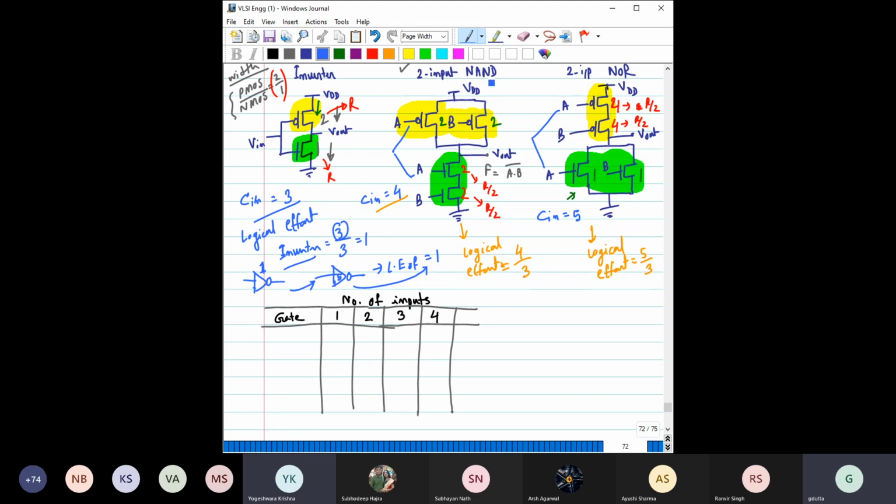And a NAND gate should have 2 or more inputs, it can be any number from 2, 3, 4, whatever you want. So let us say n inputs. So for an n input NAND gate, what would be the logical effort? Any comment? For an n input NAND gate, what would be the logical effort?